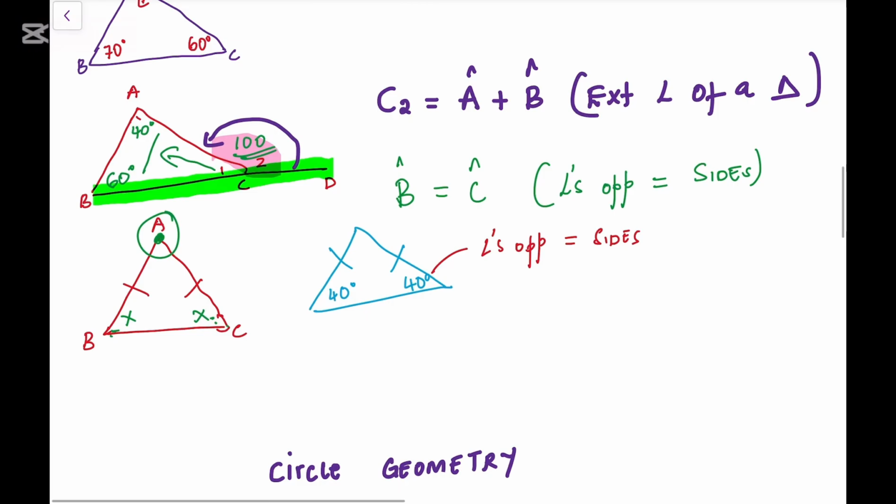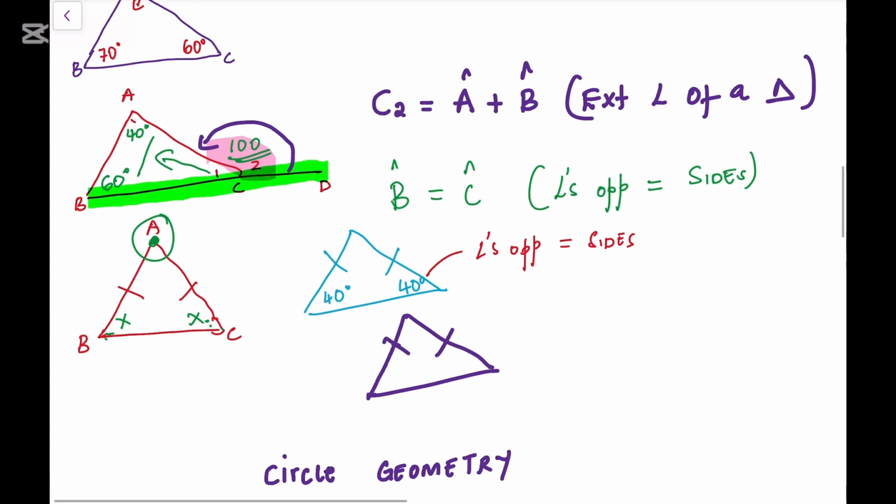If this one is known, let's say for example you have this one as 100, you can again easily calculate these 2 here. You can call this one x, and this one will also be x.